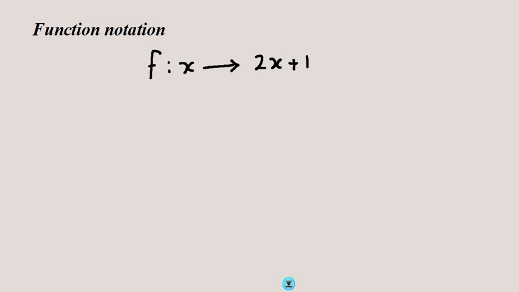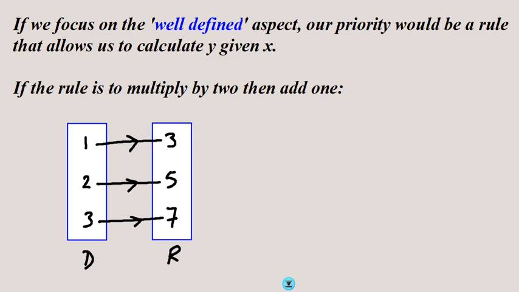Because if x was 1, then this maps to 2 times 1 plus 1, which is 3. If x was 2, then this maps to 2 times 2 is 4 plus 1 is 5, which is exactly what we had in the mapping diagram here.